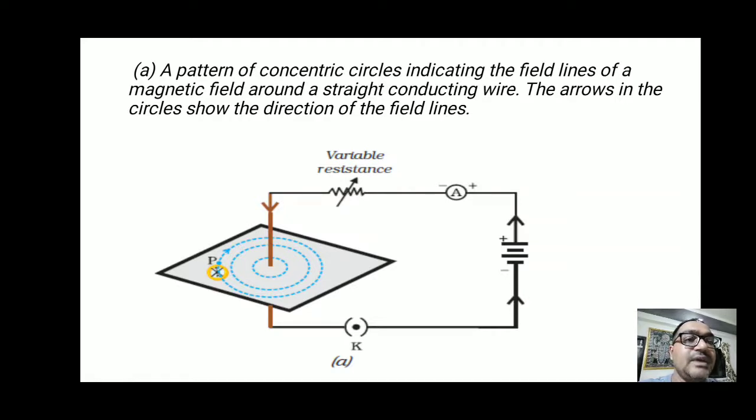Then we switch on the circuit, that is, plug the key. At that time we note down the ammeter's reading. Then we tap the cardboard 5 to 6 times. After tapping, we observe that all the iron filings align in a circular pattern. So these are forming concentric circles.